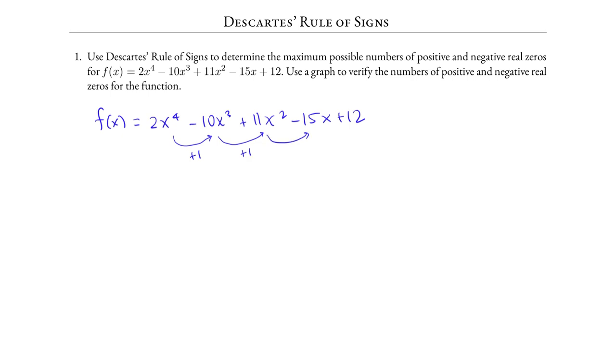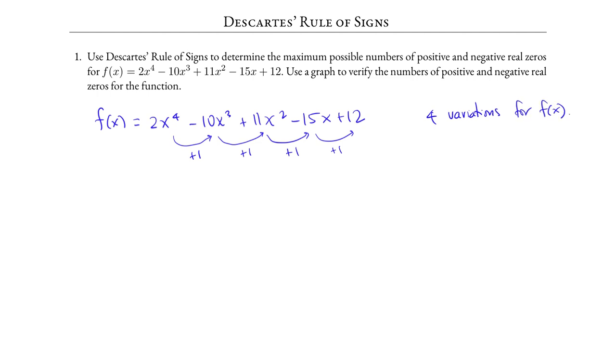Positive to negative, another variation. And then negative to positive, another variation. And so there are 4 variations for f of x.